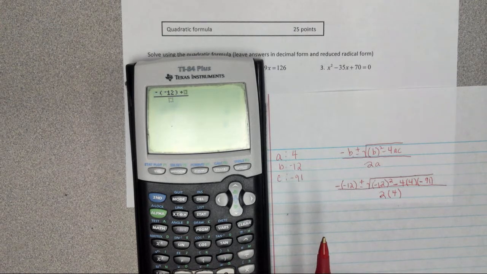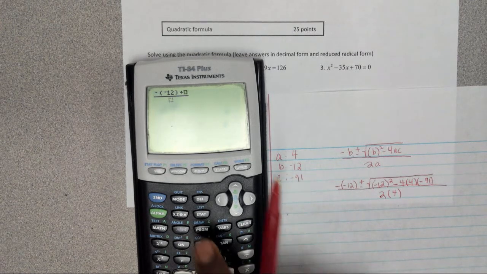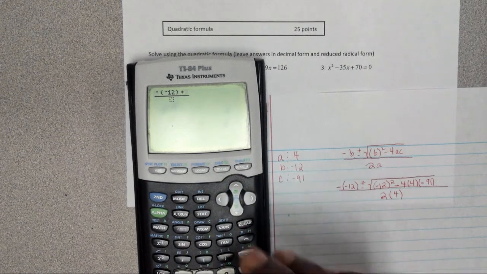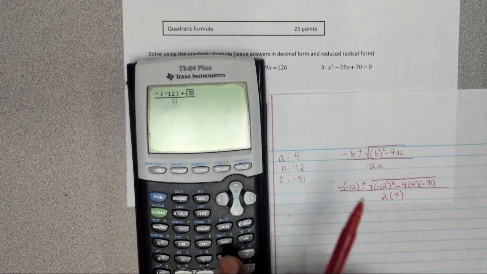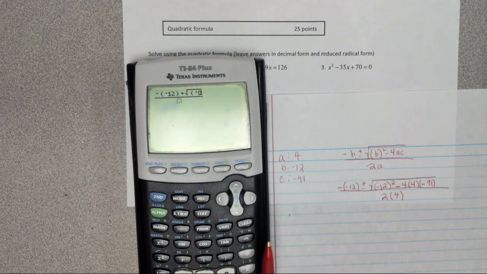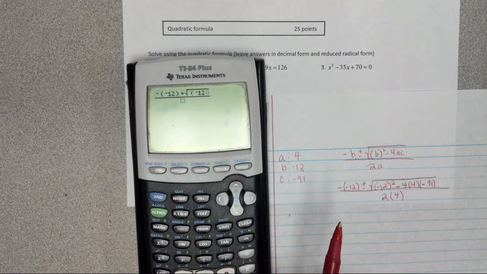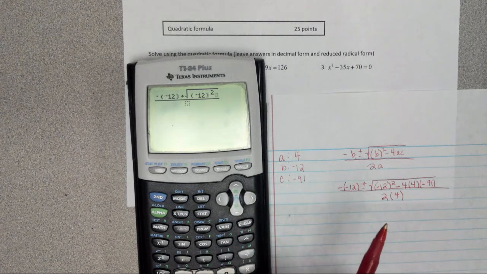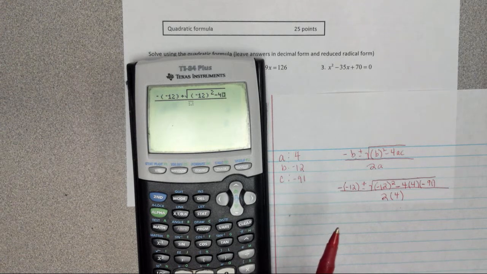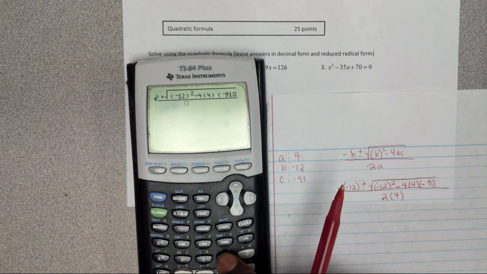Then plus. And then I'm going to do the square root symbol, which is second, and then the x squared button. And then I'm going to do open parentheses, negative, not minus, 12, close parentheses, squared, minus 4, open parentheses, 4, close parentheses, open parentheses, negative, not minus, 91.